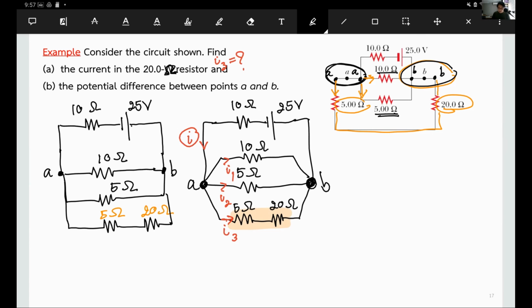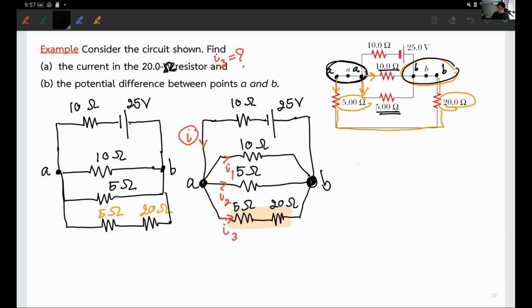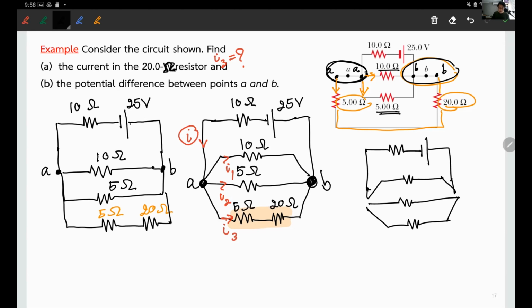So I can draw the circuit to have it look like this. With me, guys? Okay, so 10 ohm is still there, 25 volt, 10 ohms, 5 ohms. This one 25 ohms.